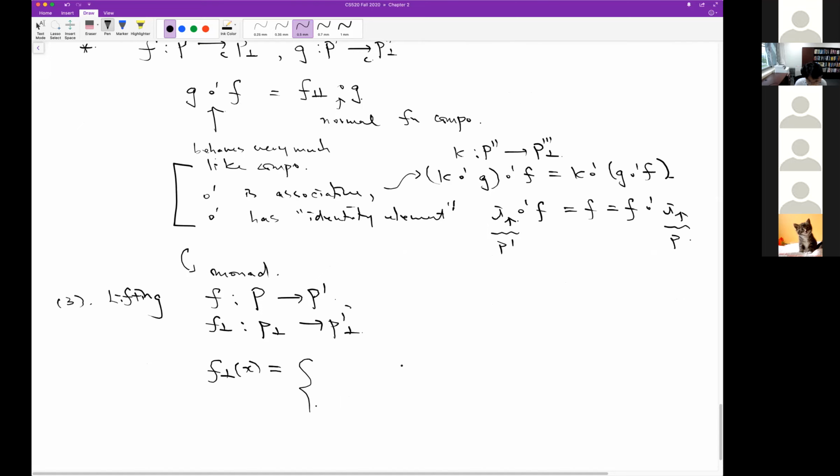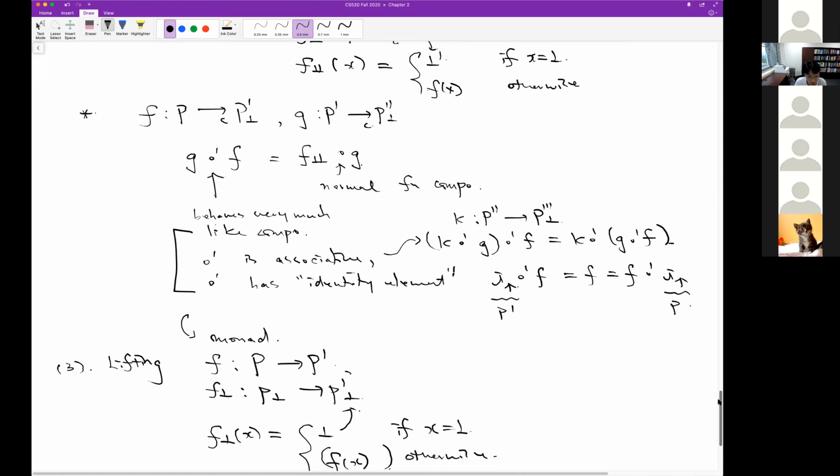If x is equal to bottom, it returns bottom in the targets. Otherwise, it's just f of x. And strictly speaking, we have to put the embedding here, but I'm often going to omit this embedding.